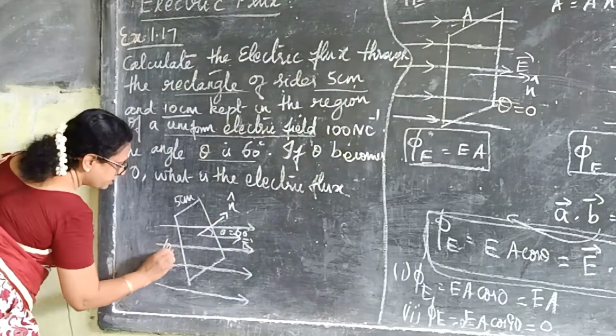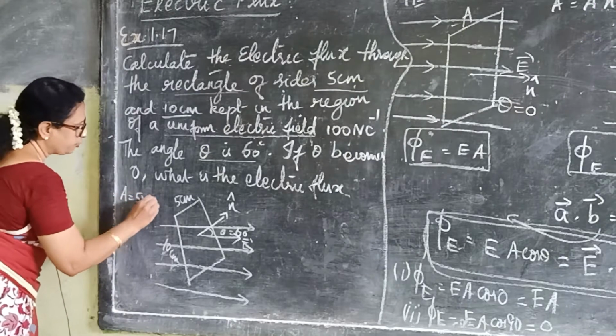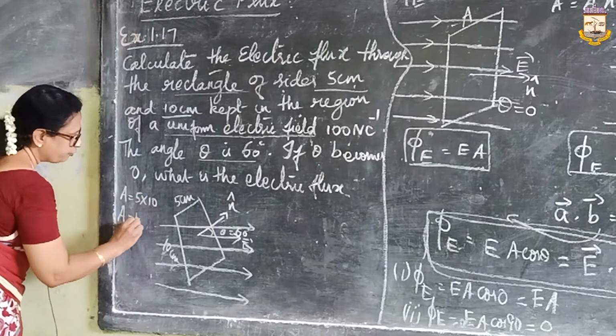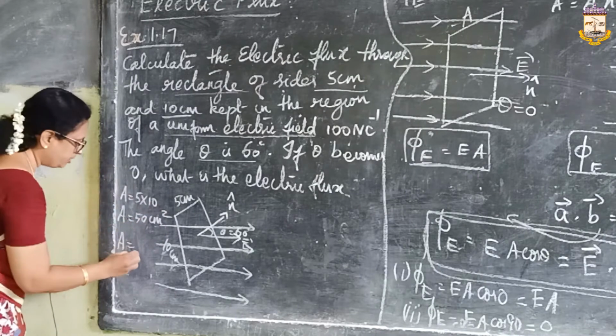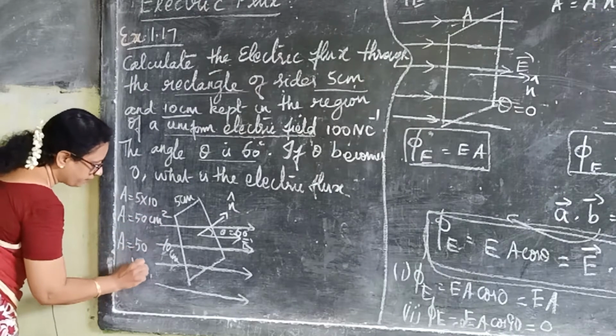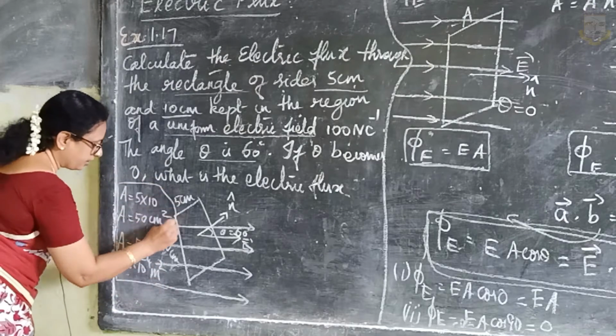They have given us the breadth and length, 5 cm and 10 cm. So area A will be 5 into 10, which is 50 centimeter square. You can convert this into meter square: 50 into 10 power minus 4 meter square. This is the area.